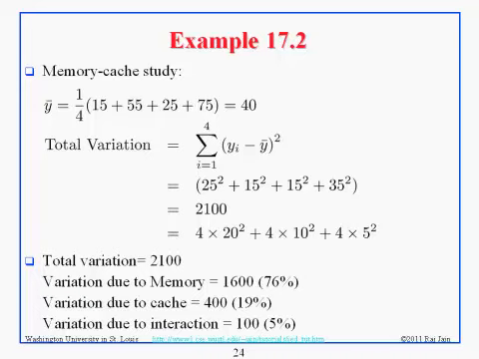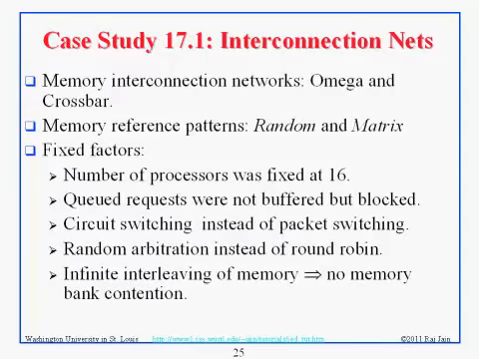If the effect is 20, the percentage is proportional to 20 squared. If the effect is 10, it is proportional to 10 squared. So that's another thing to notice, that the variation has the square of the effects.